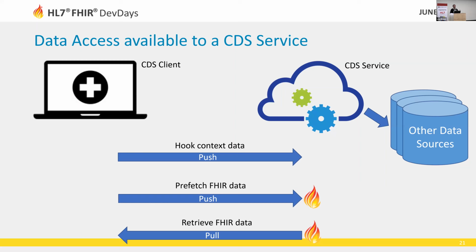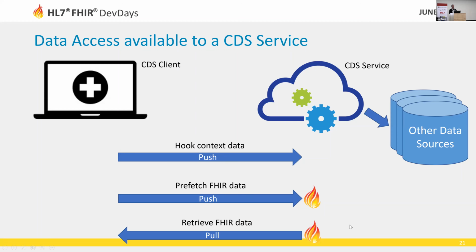So next, how do we get data as a CDS service? What access mechanisms are available to us? So the CDS client can provide context data through a push, so information that it has as part of the workflow, things like the user ID and the patient ID.